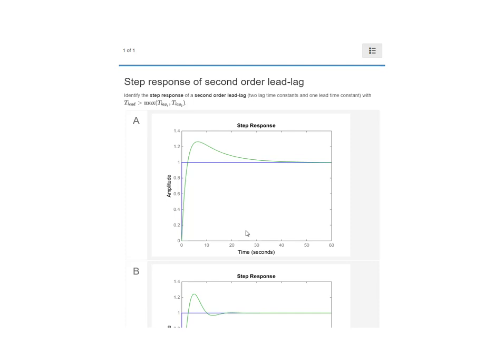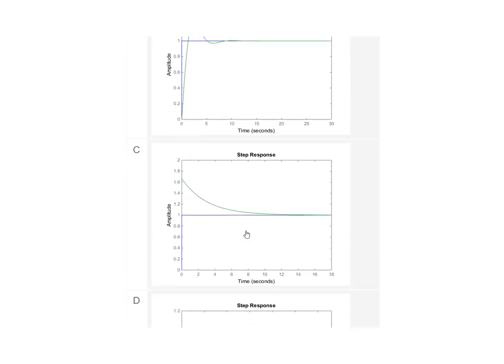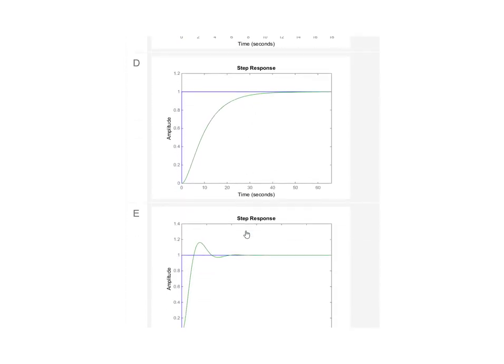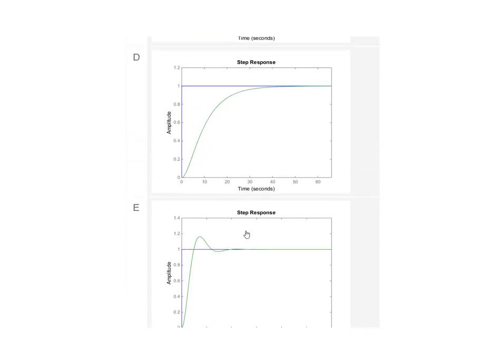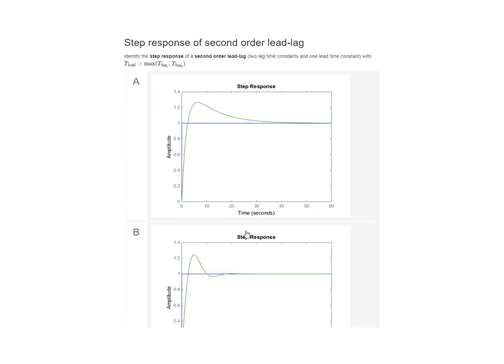So I will show you the different possibilities, and at the end, well, you can push the pause button, use the rewind functions, and you have to try to identify the correct response.